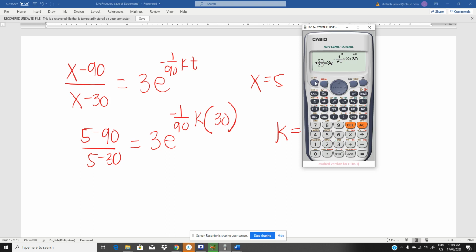Then solving for x to solve for k, shift calc.